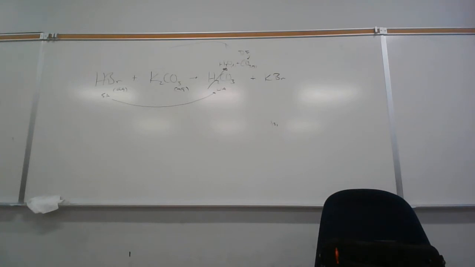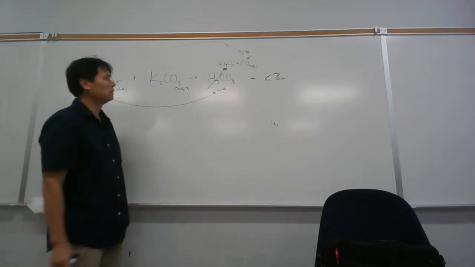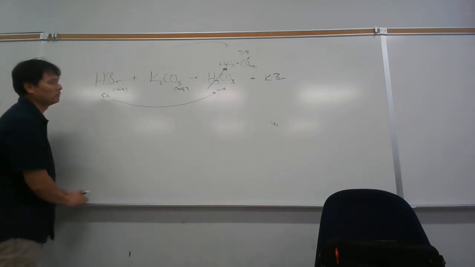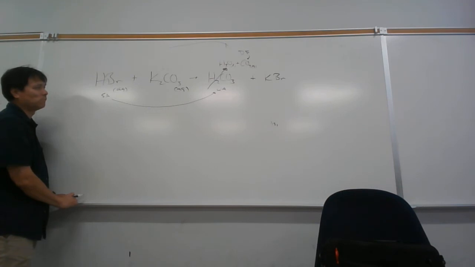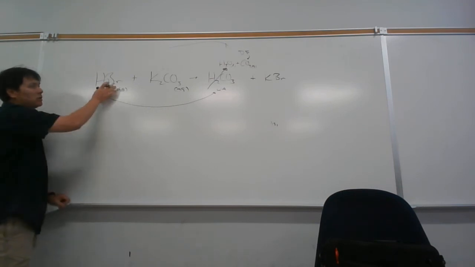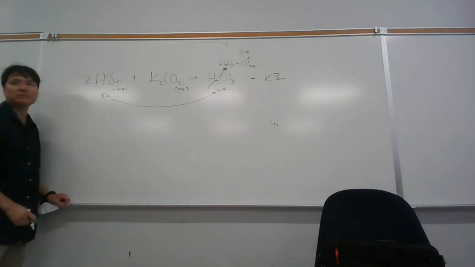All Bronsted acids begin with H. And so CO2 is actually an acid, carbonic acid. This is a strong acid, but it doesn't have to be strong. It just has to be stronger.